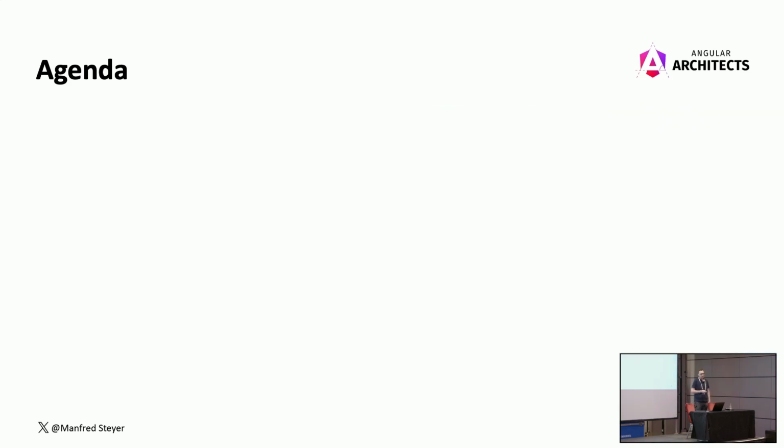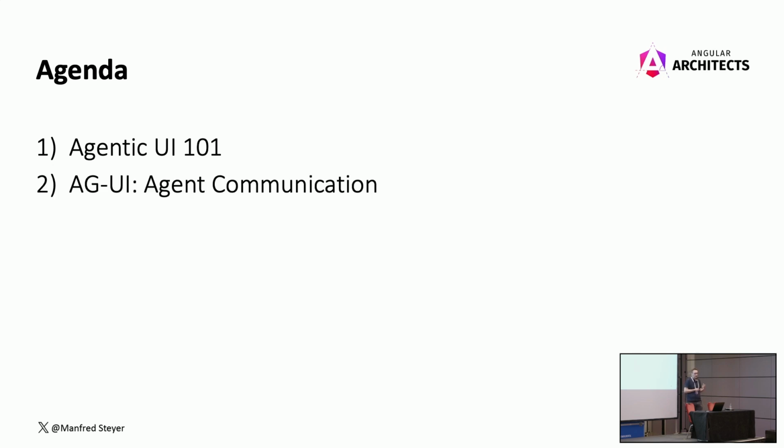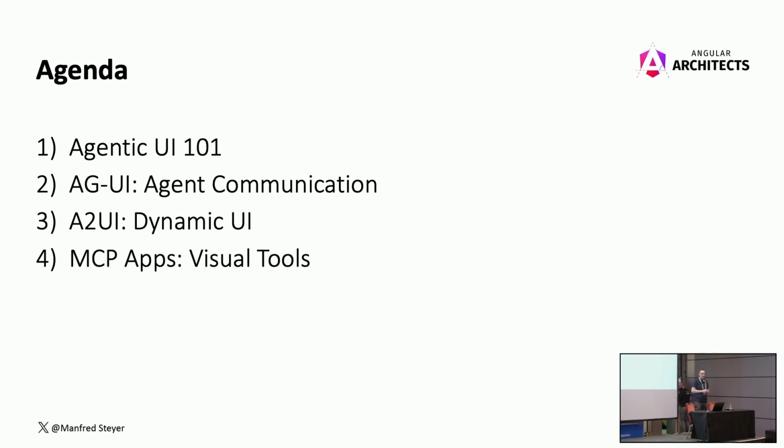For this, I have prepared 4 things. I will get started with a quick introduction into Agentic UI. We talk about the AGUI protocol and how it works, which options we have in there. We talk a bit about the A2UI protocol for constructing a dynamic dashboard. And we talk a bit about MCP apps for visualizing tools.